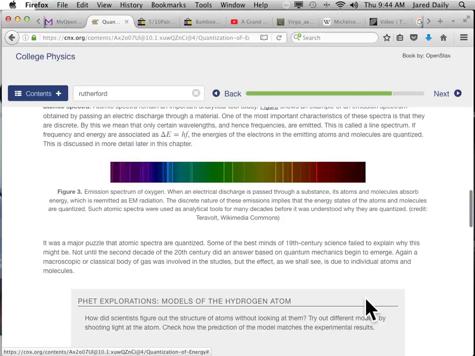This also explains something else that was happening. According to Rutherford's experiment, atoms were this nucleus in the middle with electrons orbiting outside like planets. Well, if they were orbiting outside like planets, and we believed that it was planetary in nature, then those electrons could orbit at any radius that they wanted and at any speed they wanted, just like we did over here.